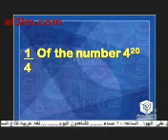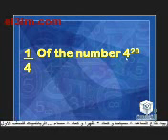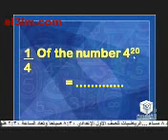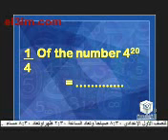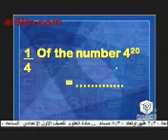1 over 4 of the number 4 to the power of 20. A quarter of the number 4 power of 20 equals points. If you want to get the quarter of this number, divide it by 4. If you want to get 1 over 4 of any number, multiply 1 over 4 times it, or divide it by 4.